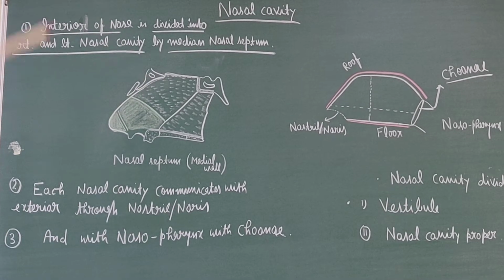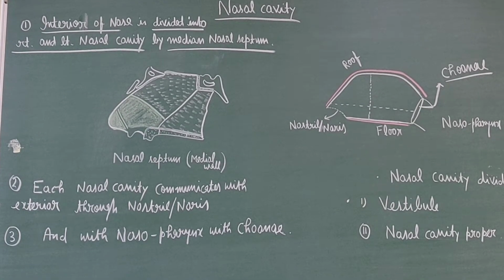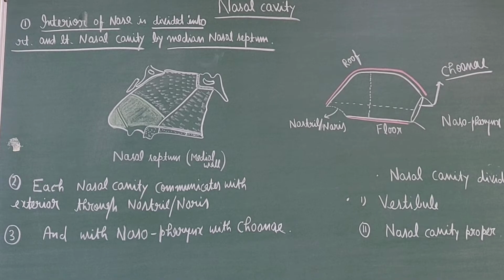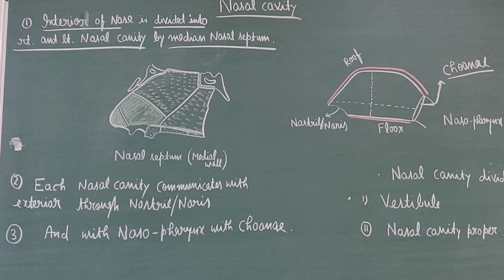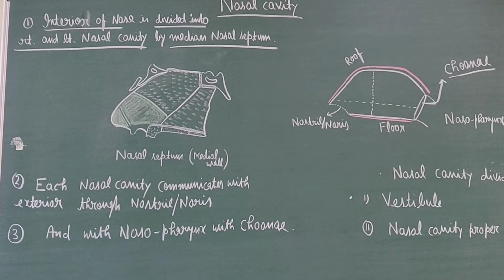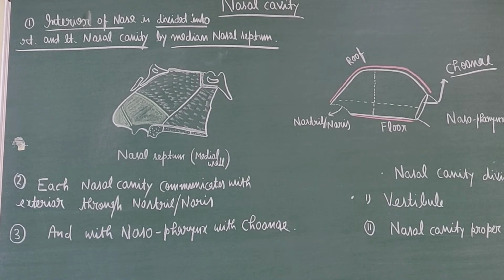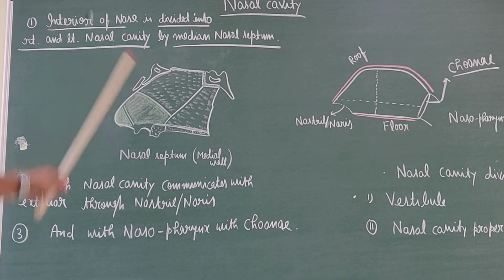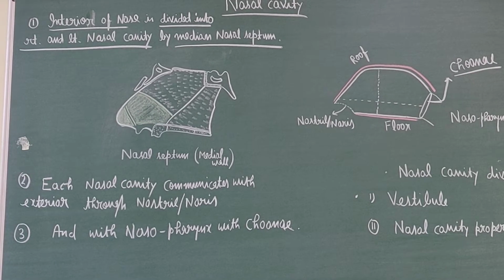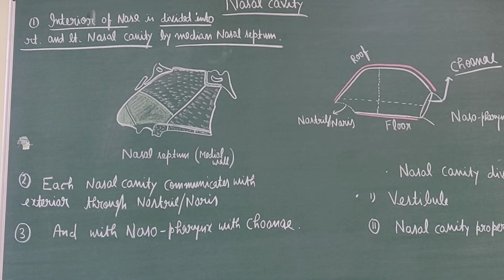This median nasal septum is rarely present in the midline. It generally bulges on one side, either right or left. So the two nasal cavities are generally unequal in size.